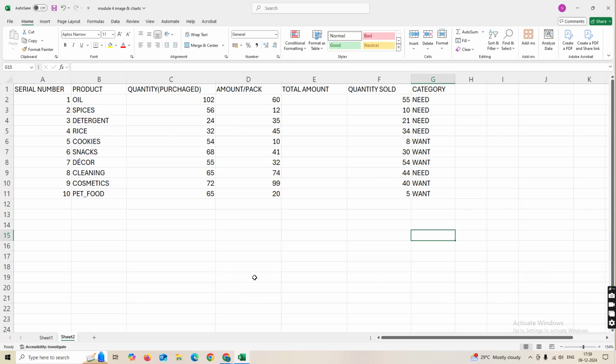Quantity after that is sold, or quantity sold? Quantity sold. How much quantity is sold out of this?